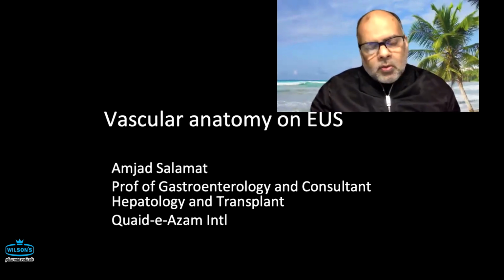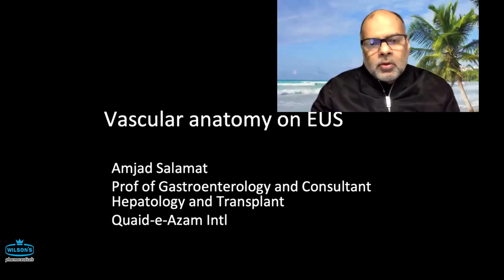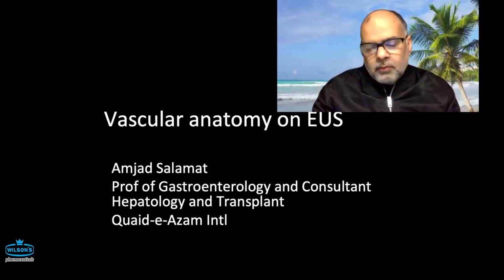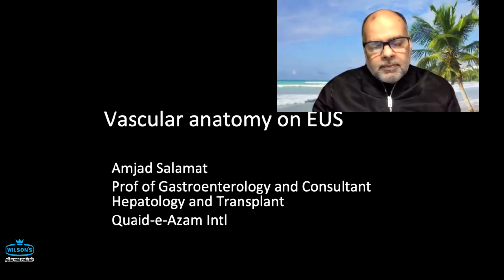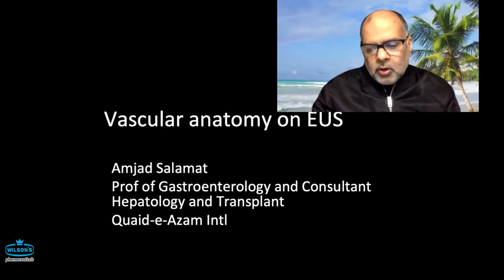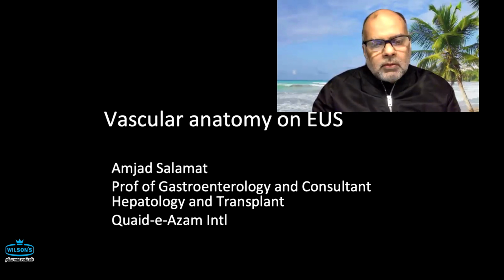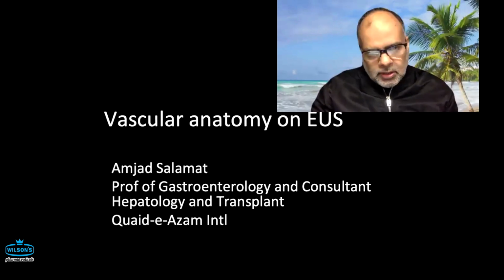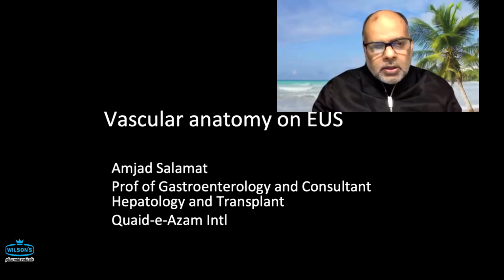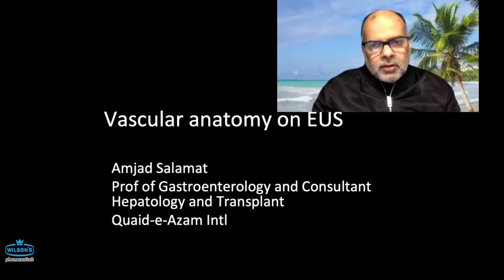But once you want to orient yourself to the anatomy of the EUS, especially the linear anatomy, you cannot get away without knowing the vessels. So if you know the vessels, you're home, basically. That's why I'm going to discuss the linear EUS and the mediastinum, going on with the key, which is the vascular anatomy.